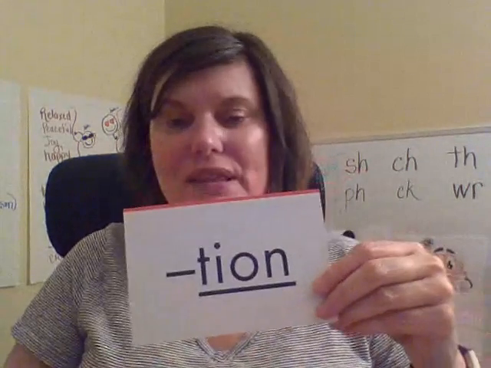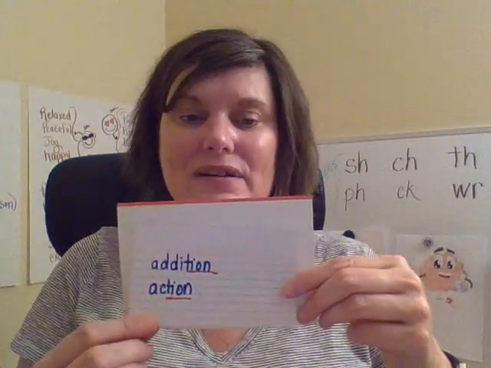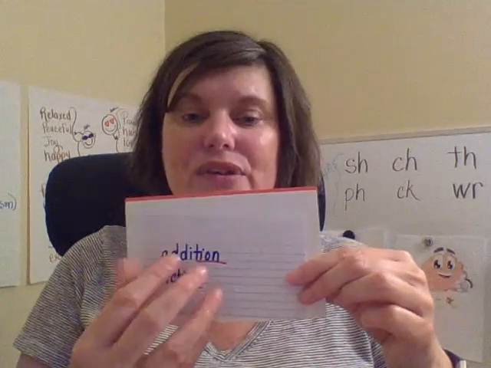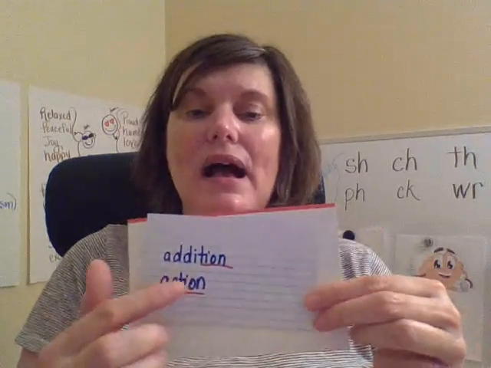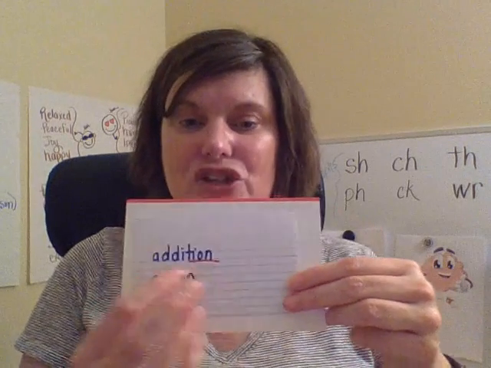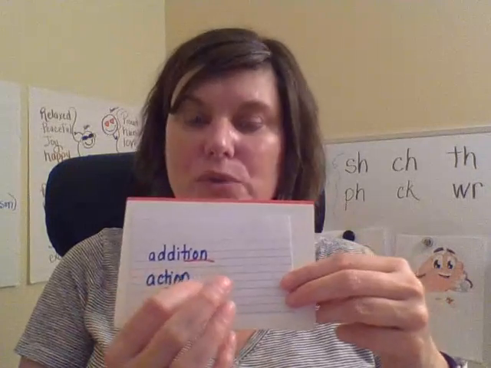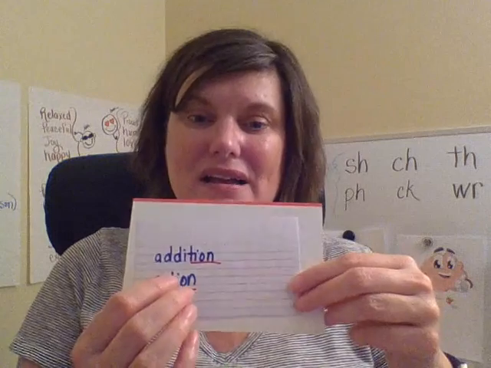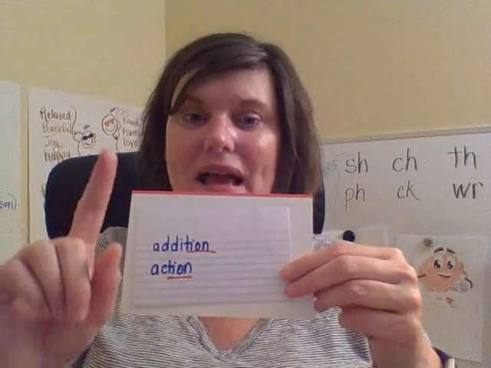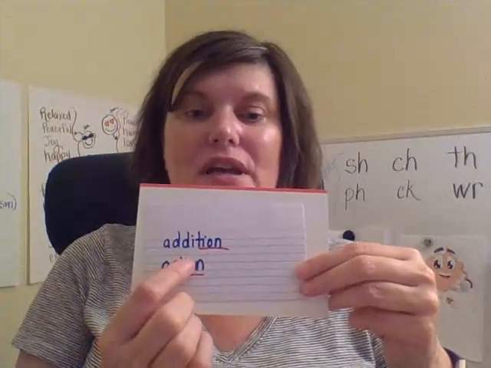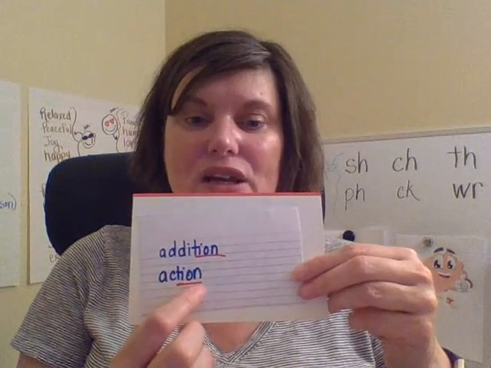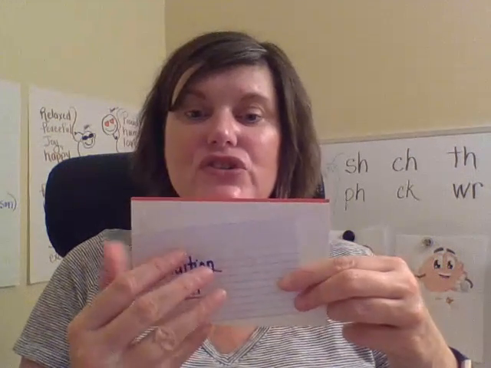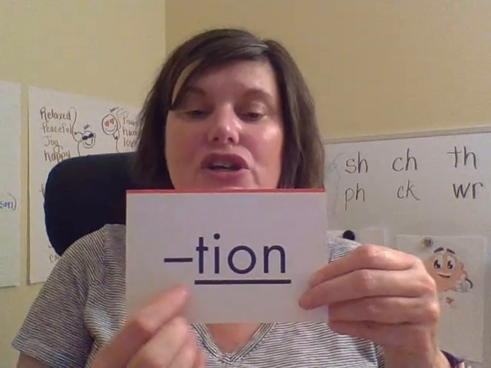Shun. You see this at the end of a lot of words. Addition, action. So it says shun. Okay. A lot of our math words, addition, subtraction, multiplication, division, except division is S-I-O-N. But at the end, you'll see T-I-O-N at the end of a lot of words, like an addition. So it says shun. Together, shun.